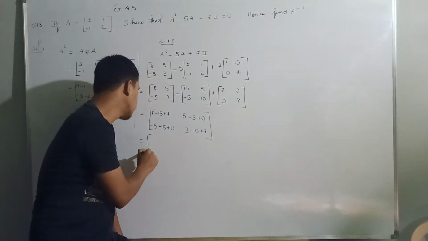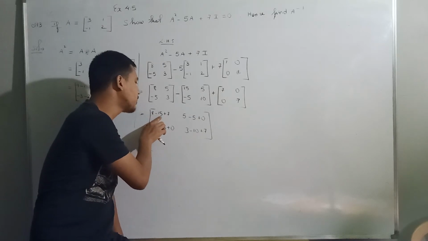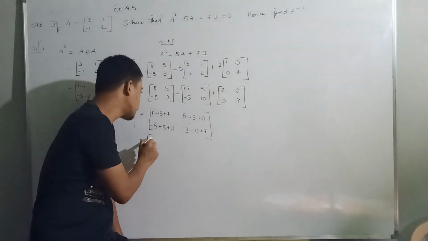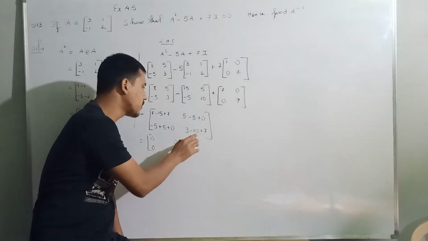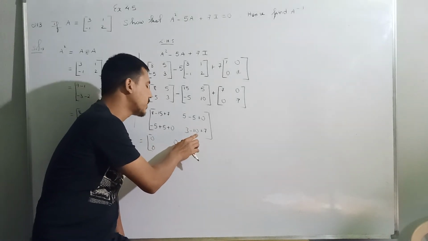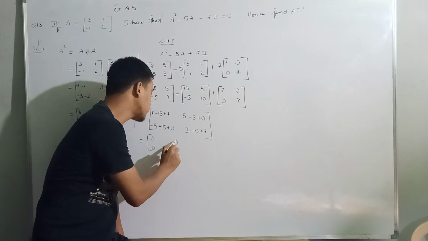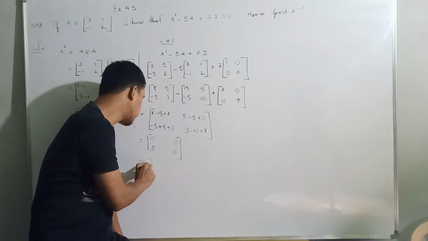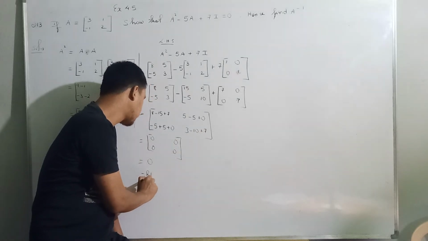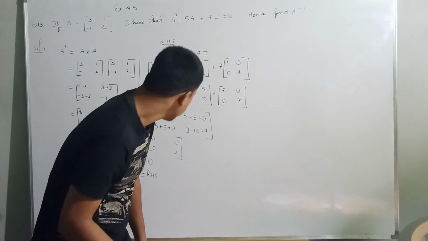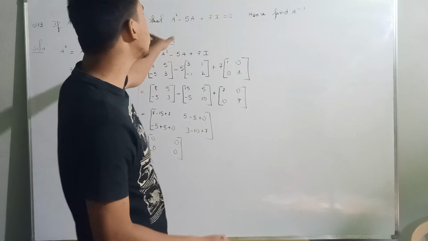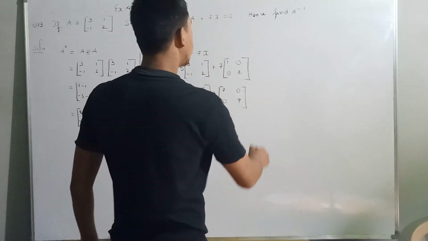So this is 8 minus 15 plus 7, 0. 5 minus 5, 0, minus 5 plus 5, 0. 3 minus 10 plus 7 is 0, which is equal to the right hand side. 0 means your 0 matrix only. So we have proved. Now using this condition, we want to find out A inverse.